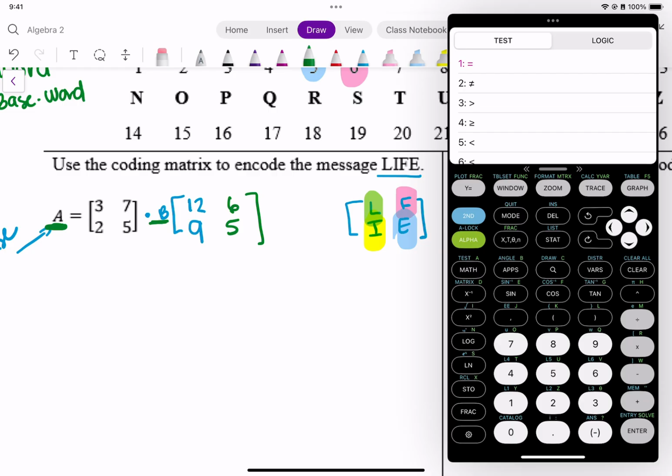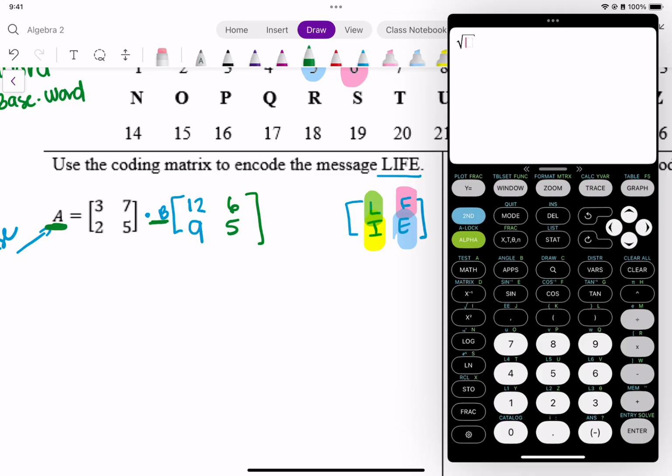Okay, now let's save matrix B. And matrix B here is also a 2 by 2. We have 12, enter, 6, enter, 9, enter, 5, enter. Okay, so let's multiply them now.